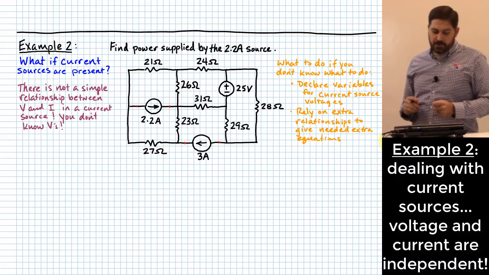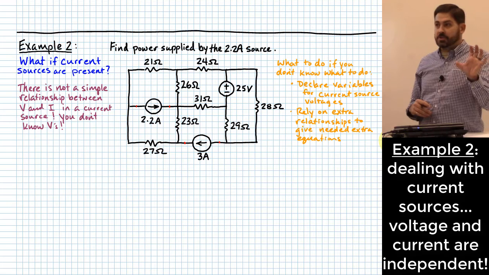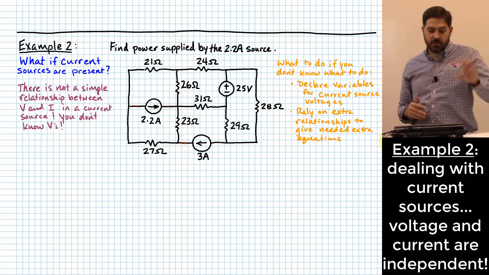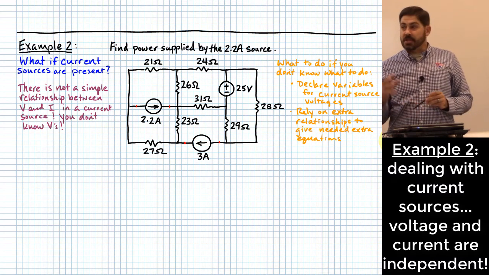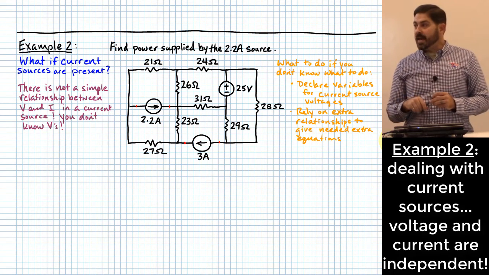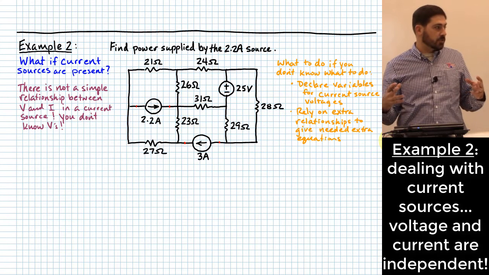The next example, the big heading on it is, what we just had was two voltage sources in that last example. What happens if we have current sources? This presents a challenge to us because current sources don't make any implication about what voltage is across a current source, right?